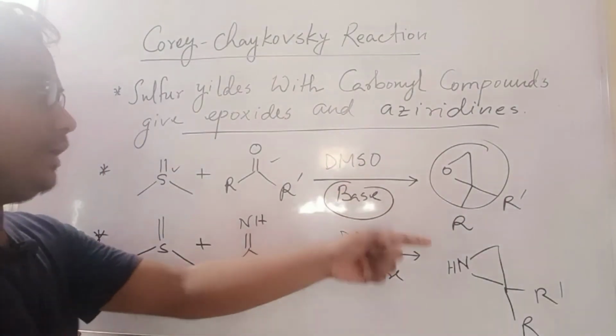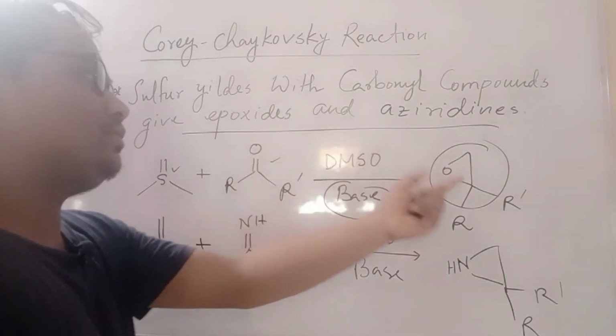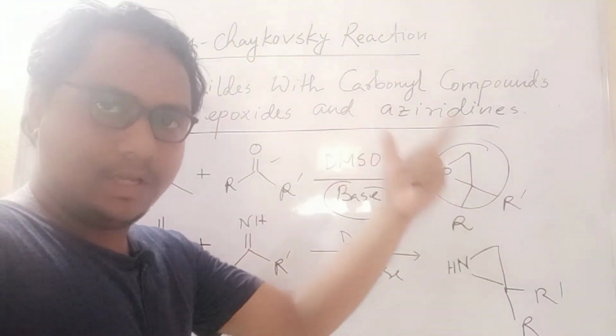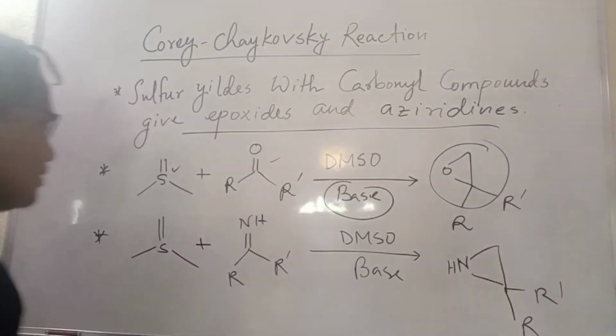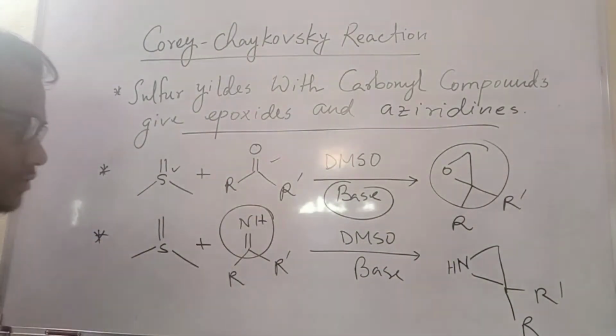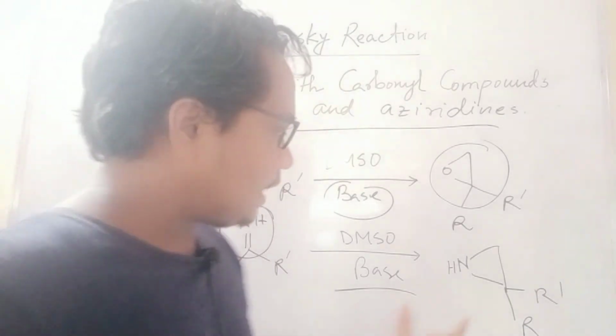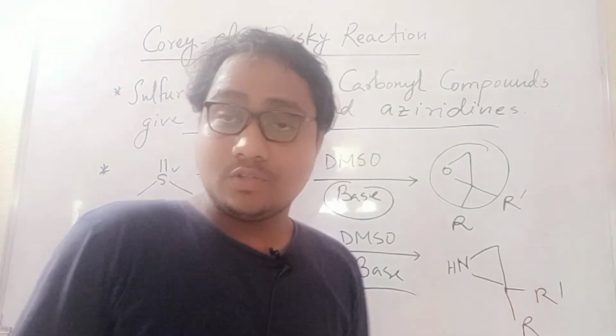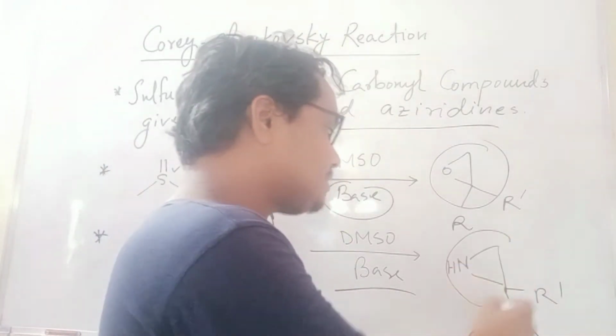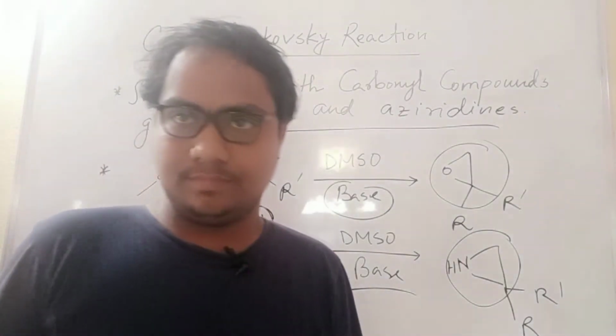The aldehyde oxygen participates in the formation of the epoxide. And if you use this type of NH and this base, you get this aziridine ring. So these are the main important applications.